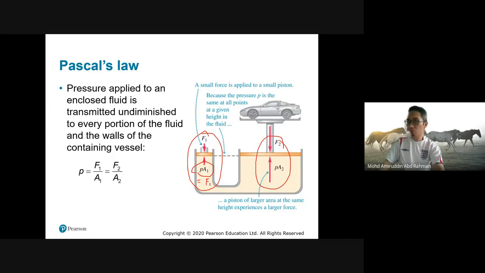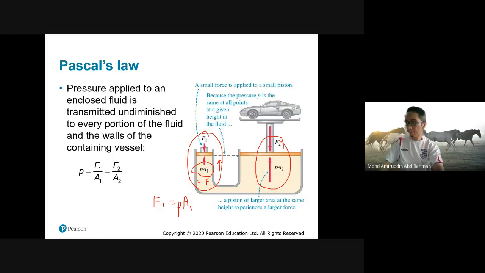So basically F1 equals PA1. When there is a force acting downwards, you can account for the force acting upwards, so you have the net force acting on this structure.